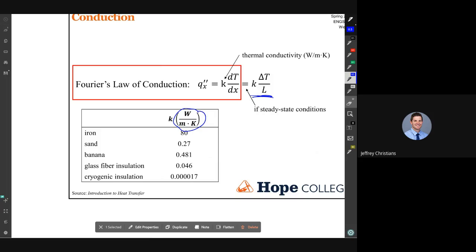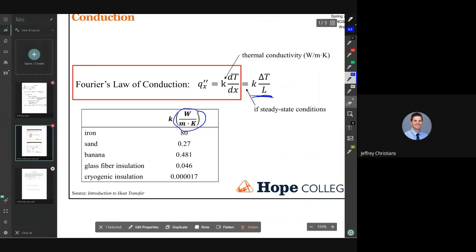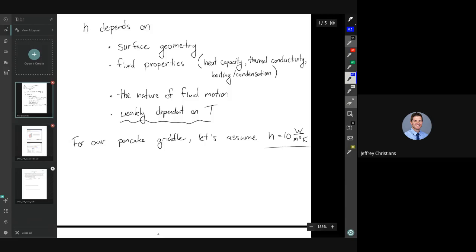Convection happens over an area, meter squared. So that's why the two are really similar. They're both similar types of things, but one is conduction through something, so you get just meter. One is convection over a surface, meter squared. Hopefully that helps you remember.